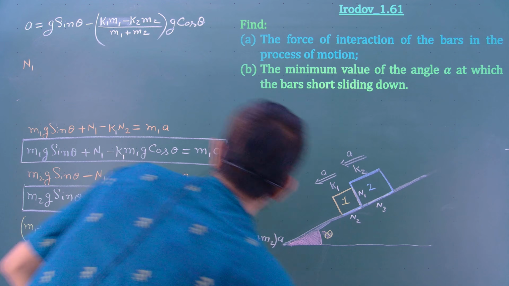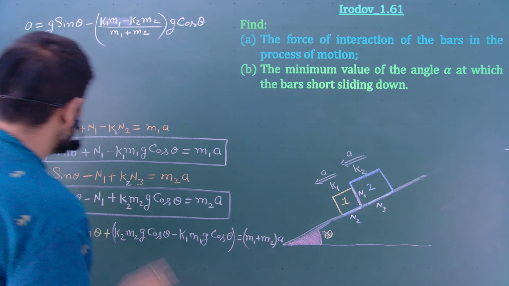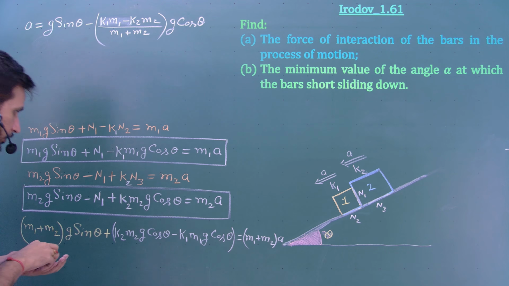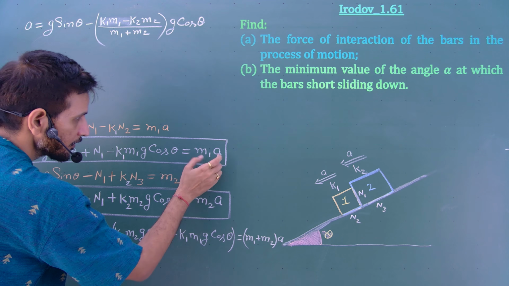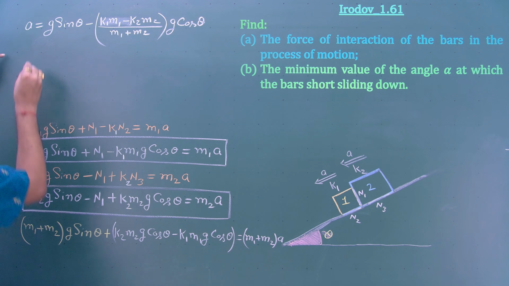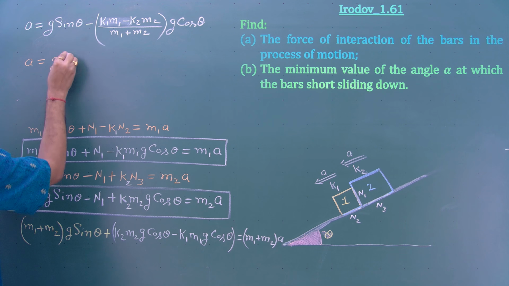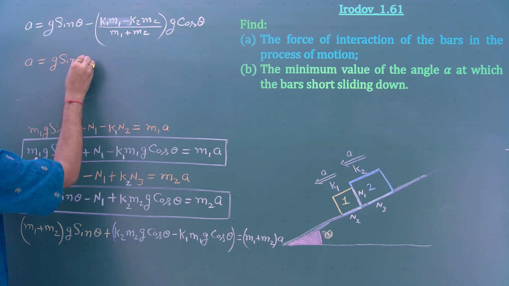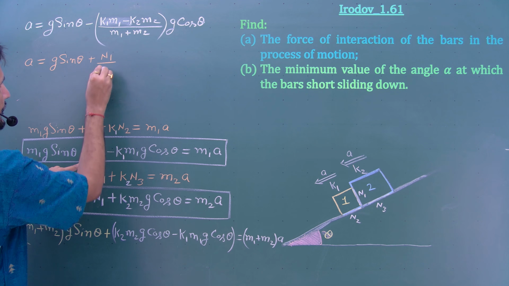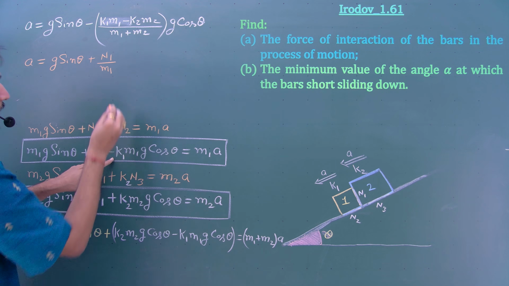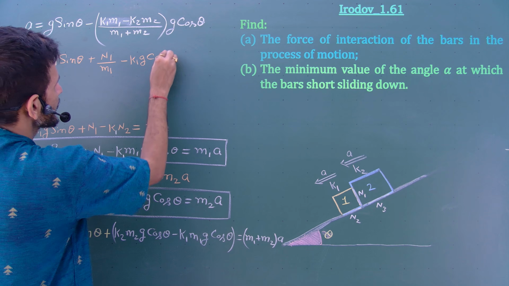There is an easy way to solve for the value of n1. Let me write this equation in a different form. Divide by m1 and remove m1 from this part. So A is equal to g sin theta plus n1 by m1 minus k1 g cos theta.